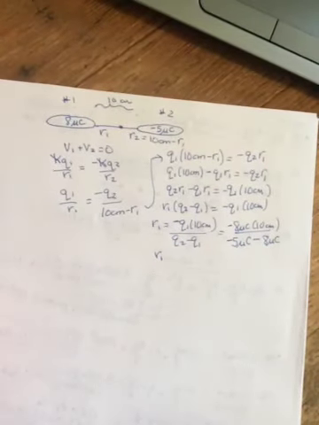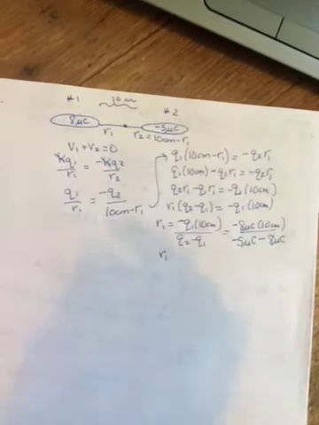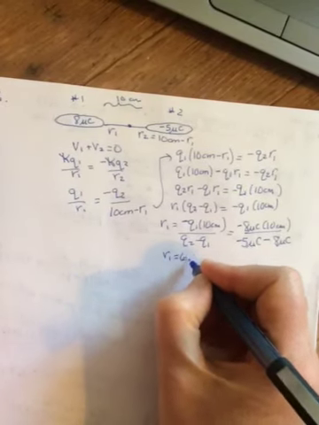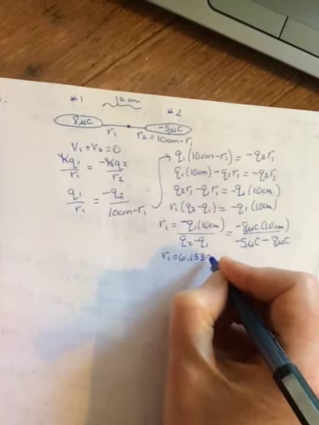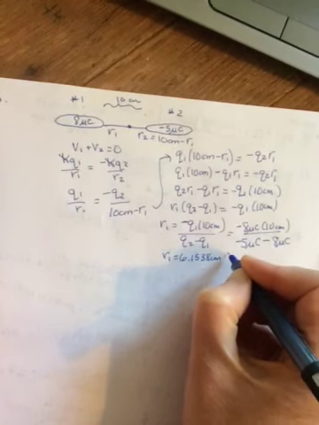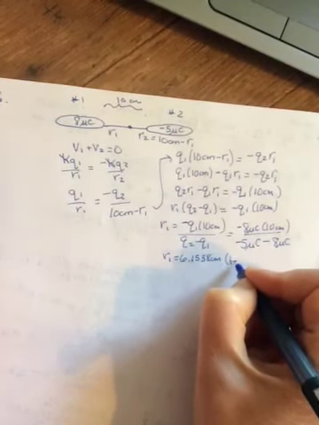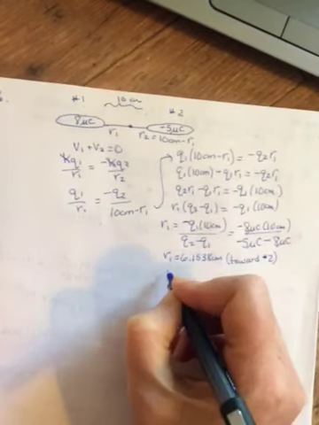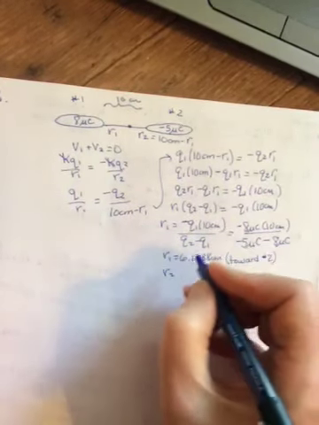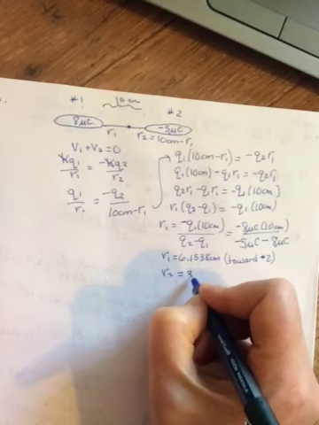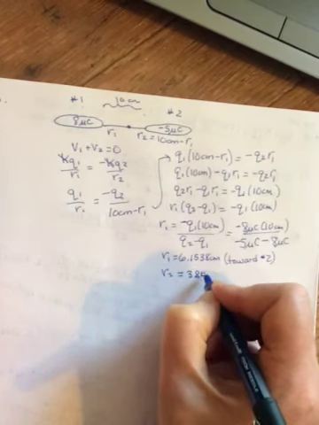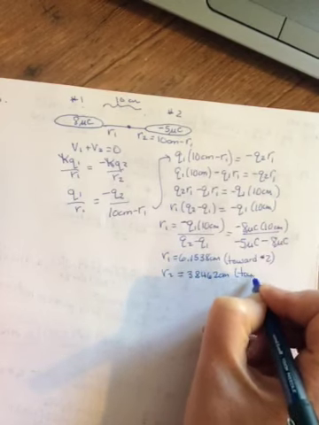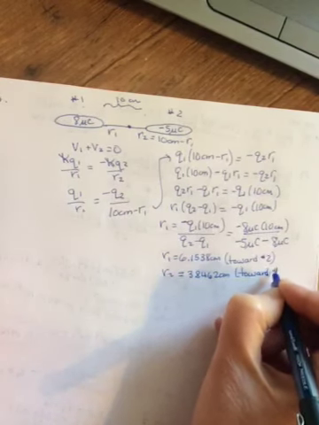And when you divide that out, you should get 6.1538 centimeters, and that would be towards number 2. And then to get your R2, just take it away from 10 centimeters, and you should get 3.8462 centimeters, and that would be toward number 1.